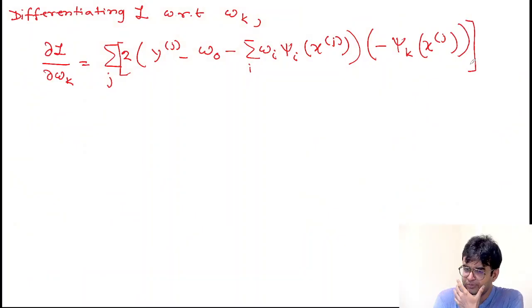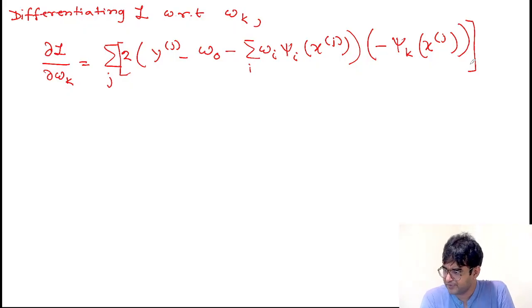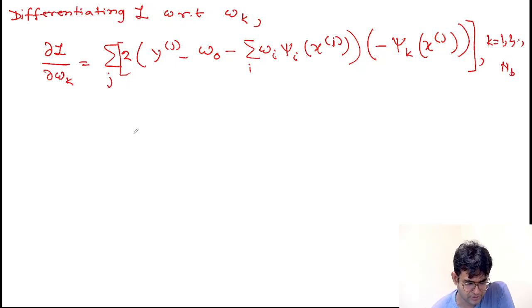How many such W's will you have, or what will be the range of this k? K will vary from 1, the way I have written it, because bias I am taking separately. So 1 to NB. You can also take the derivative with respect to bias.